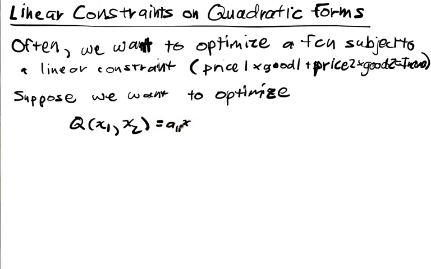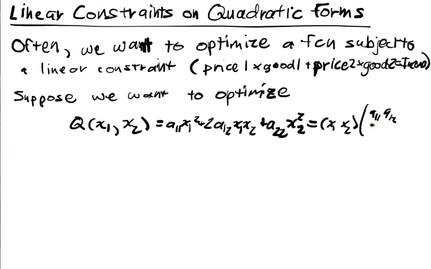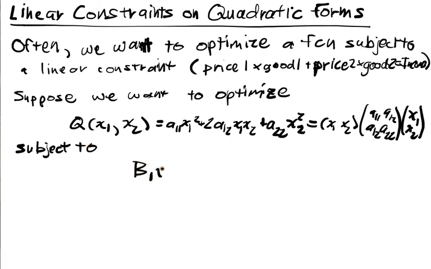It is equal to a11 x1 squared plus 2a12 x1 x2 plus a22 x2 squared, and of course this is equal to (x1 x2) times the matrix [a11 a12; a12 a22] multiplied by (x1 x2), subject to b1 x1 plus b2 x2 is equal to 0.